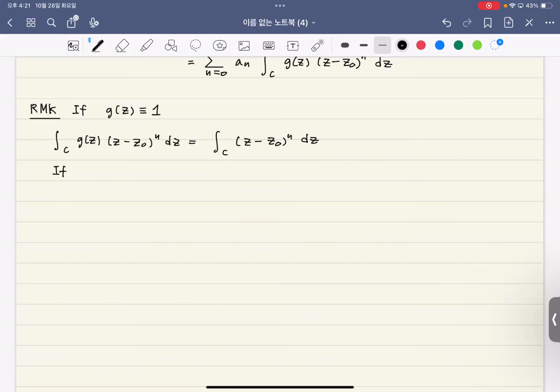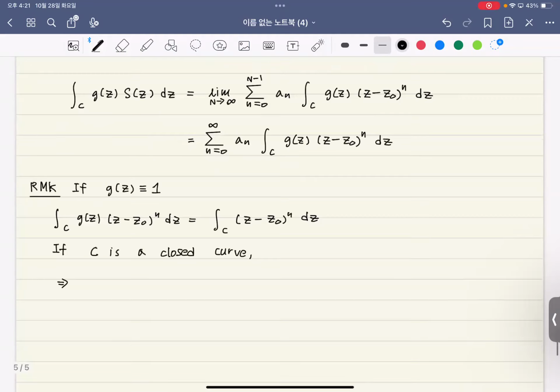So assume that C is a closed curve, then the integral of S(z) is the sum from n equals 0 to infinity of a_n times the integral of (z minus z0)^n dz. Oh, sorry, I forgot dz.